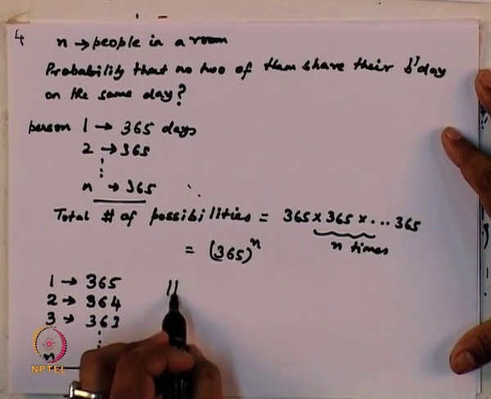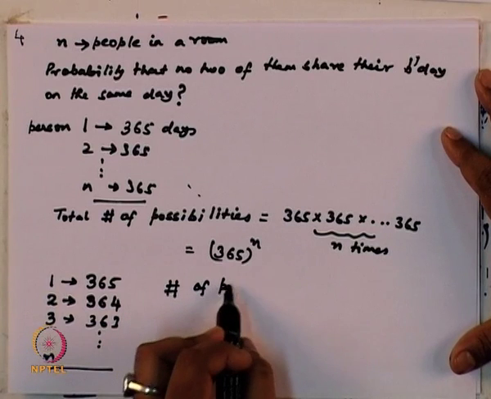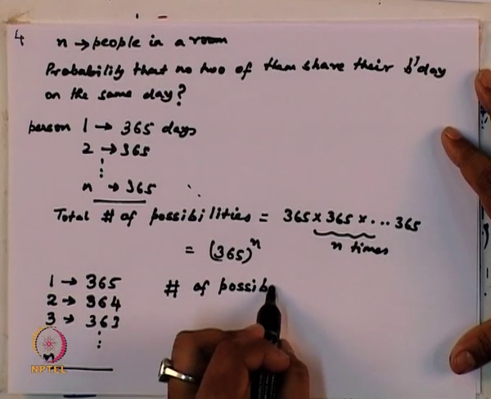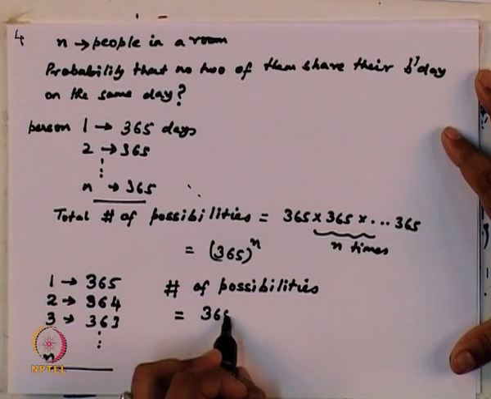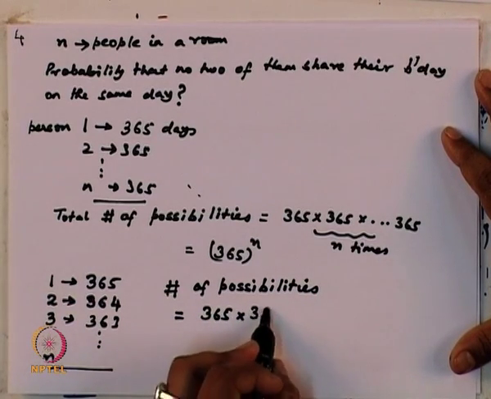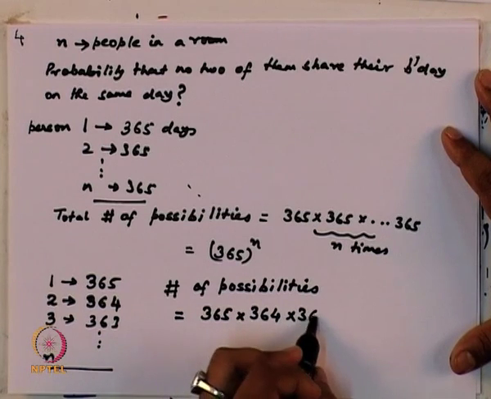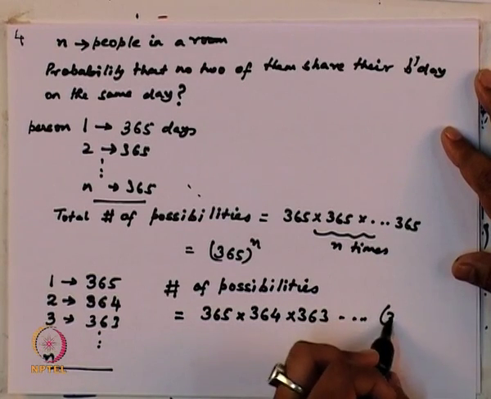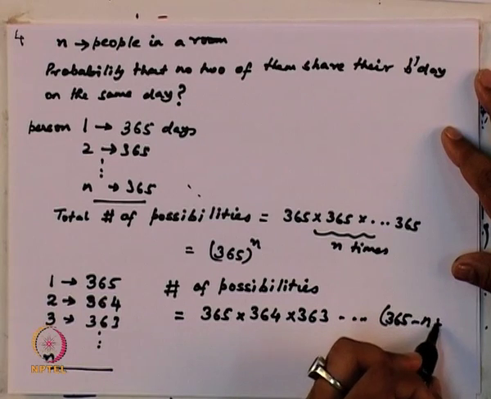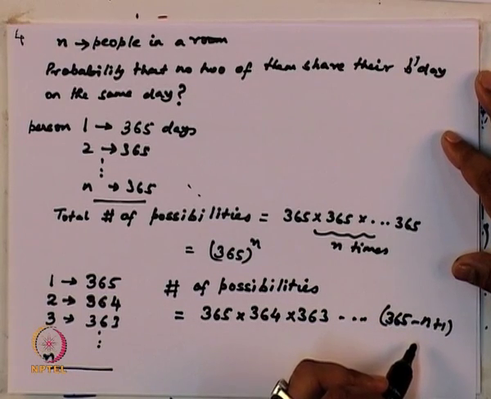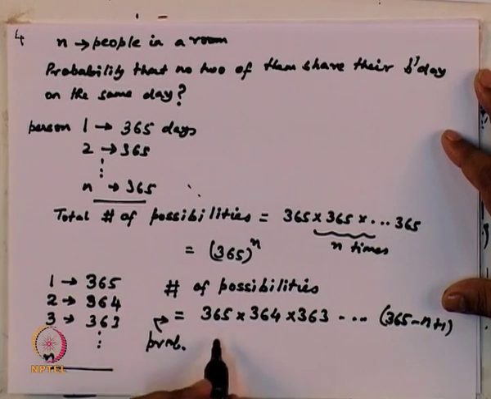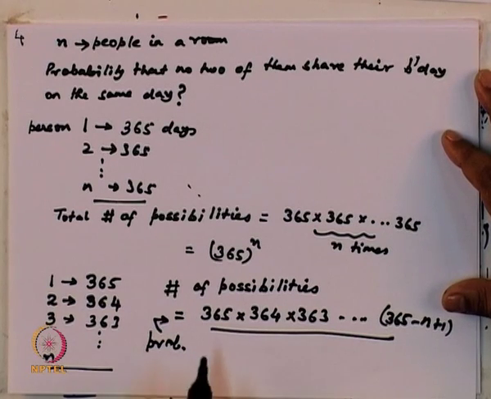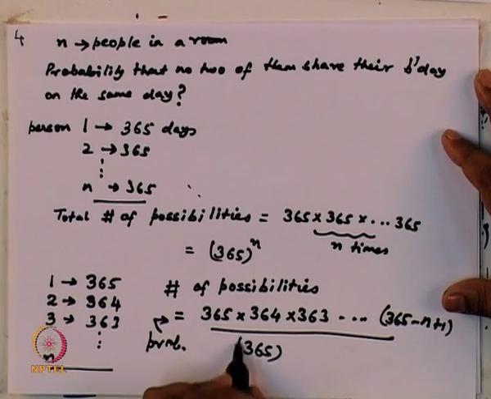So, the number of possibilities in this case is equal to 365 into 364 into 363, and so on, up to person n. Your probability then becomes this divided by 365 to the power n.